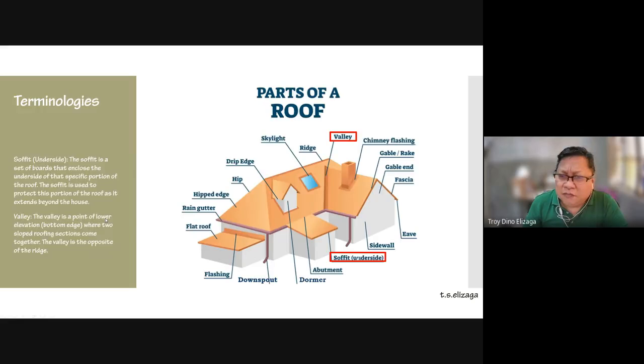Okay, I feel like something else was missed. Okay, the hip. There's another term which was also missed out in this illustration. Since the hip is a connection between two sloping surfaces which intersect at 90 degrees, so you have another connection there.